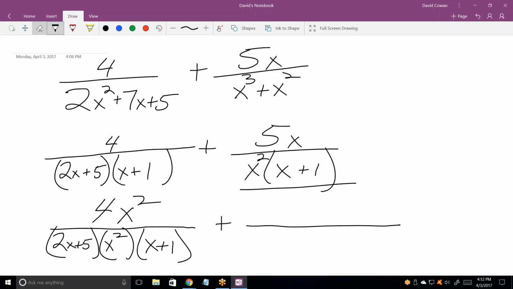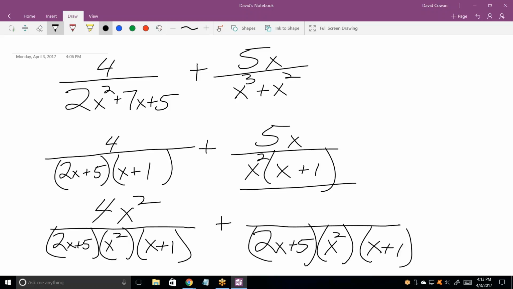Leave them factored. One of the reasons is that it allows you to check your work immediately. Now, I know this one has to be the same thing. And what does this numerator need to be? It needs to be 5x times (2x plus 5) times (x plus 1).